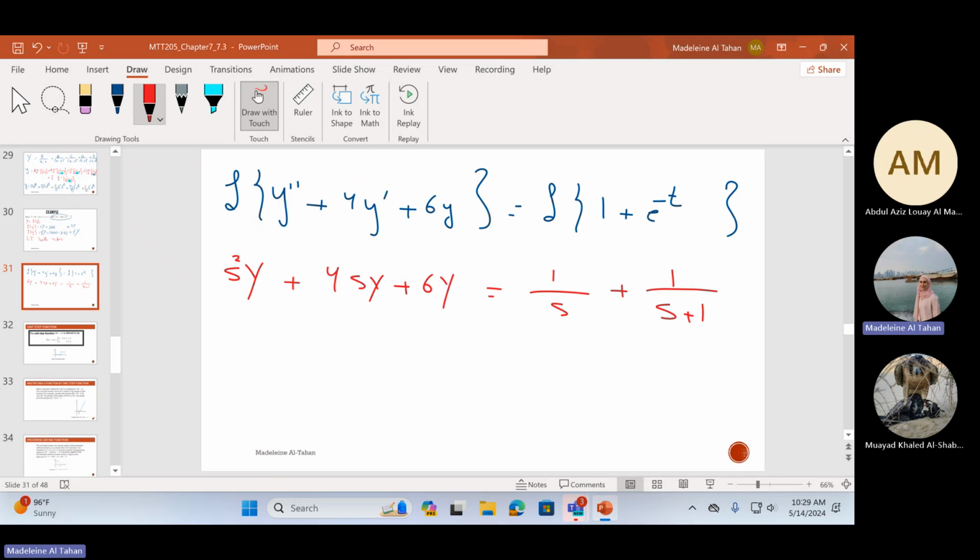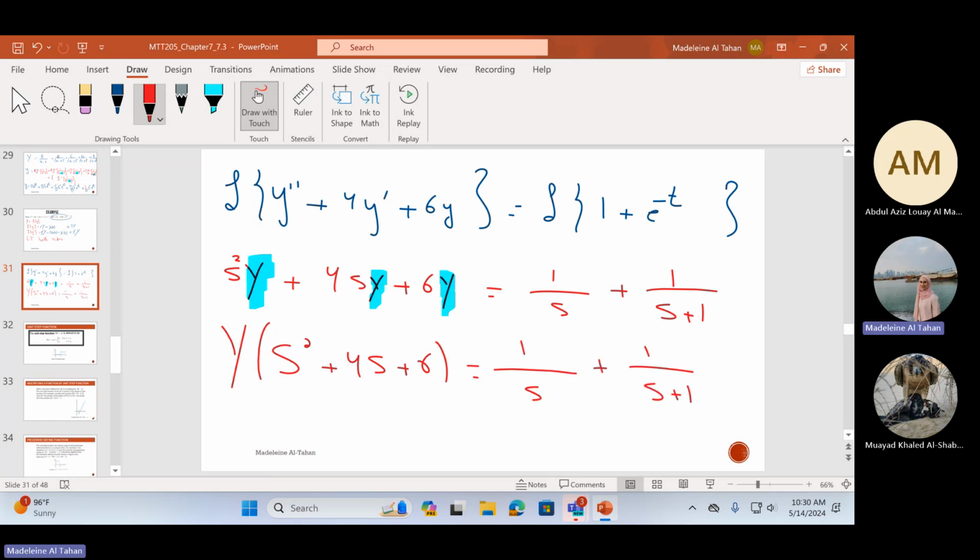Collect this. We take Y, but this Y you wrote it wrong, miss. Y should be a capital letter. So we will collect the Y now, which is a function in s, capital letter Y. So Y into s squared plus 4s plus 6 equals 1 over s plus 1 over s plus 1.